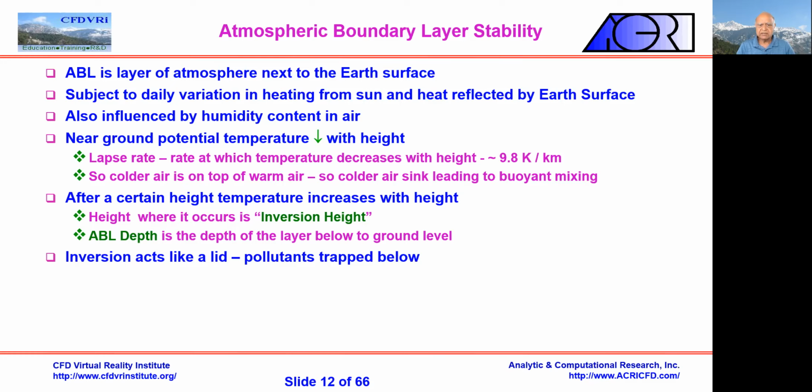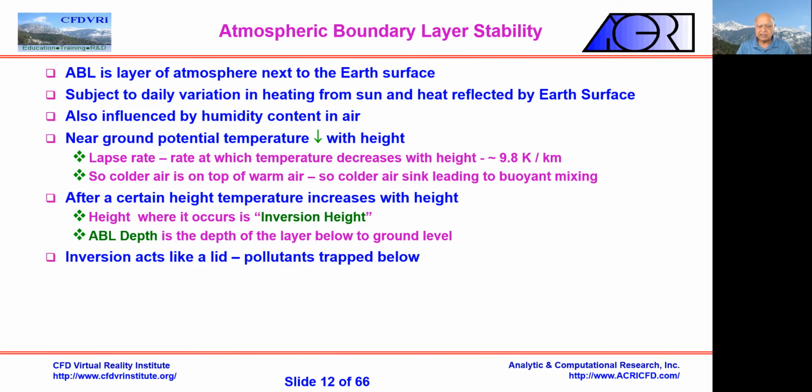And this means that if you're going above, the temperature is lower, okay? So the colder air is on the top and warmer air is at the bottom, right? Warm air is near the bottom. So this is called the lapse rate. Lapse rate is typically about 10 Kelvin per kilometer, okay? So this is what it is. So colder air is on the top and it sinks to the bottom. And that's also what makes for good thermals.